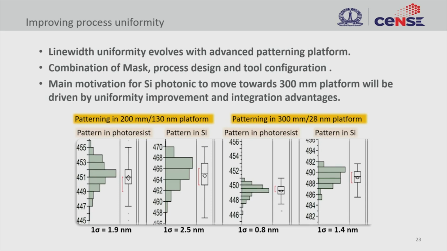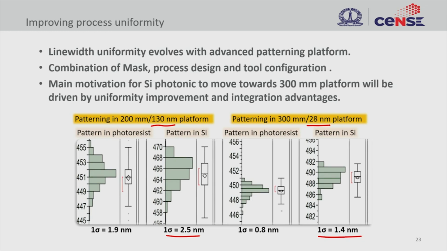And this also helps when you go to a different type of patterning platform. So here you are looking at a 130 nanometer node compared with a 28 nanometer node platform. So when you look at the patterning accuracy here, the spread, right? So 1 sigma, the standard deviation, is 2.5 nanometer in silicon. However, when you go for a high-end technology, this becomes 1.4 nanometer. It's almost half.